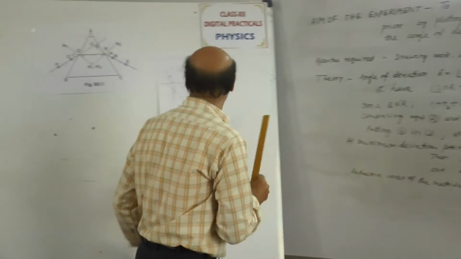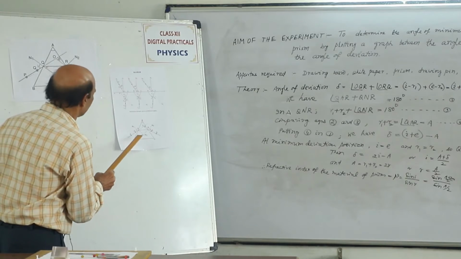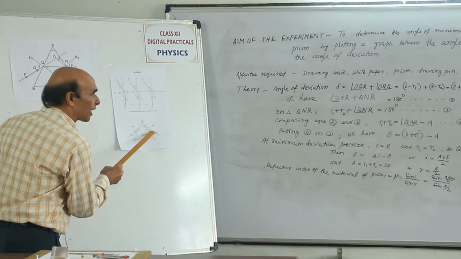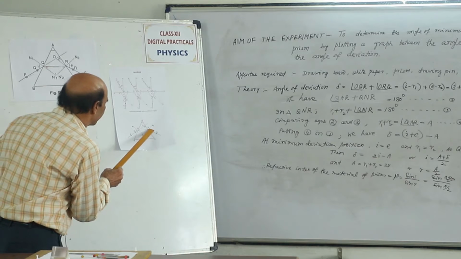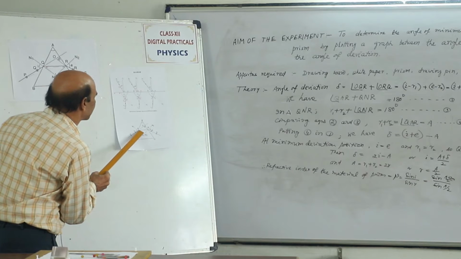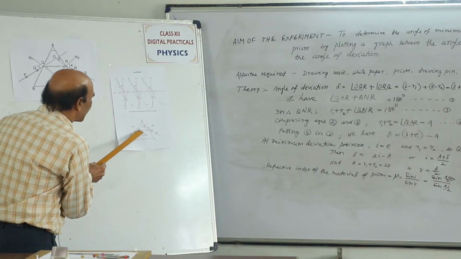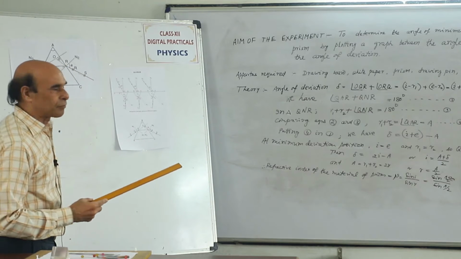Now, at the minimum deviation position, the angle of incidence is equal to the angle of emergence. That's why when i is equal to e, automatically these two angles r1 will be equal to r2, and the refracted ray will be parallel to the base of the prism.